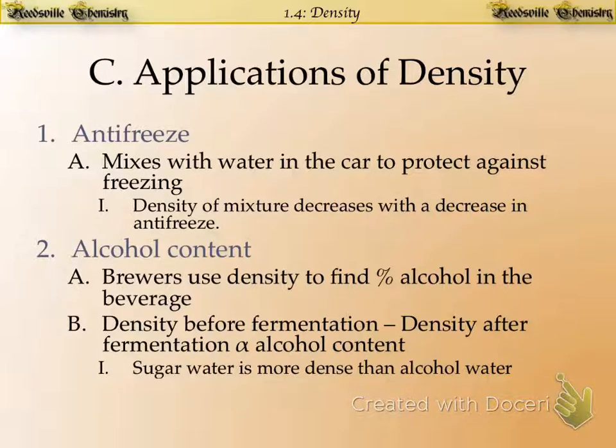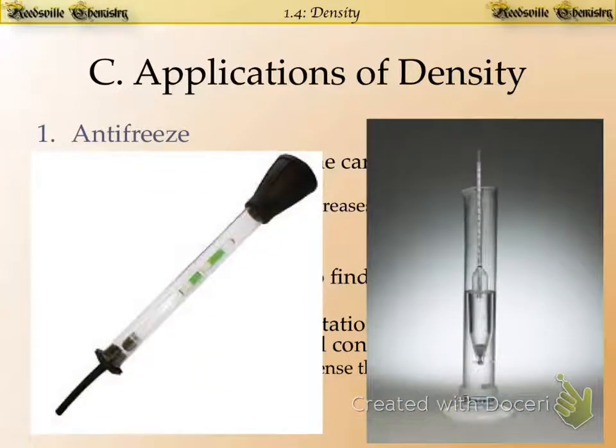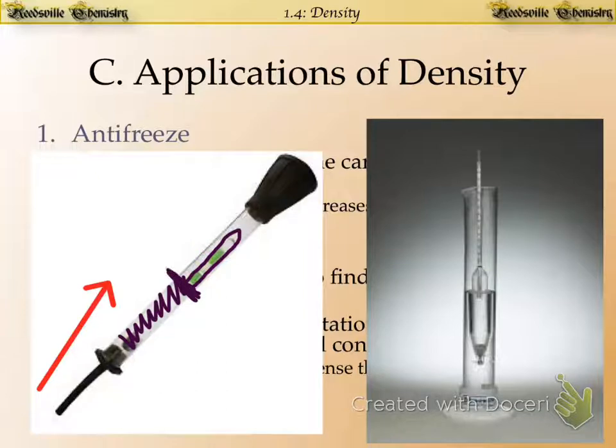The tools we use to find these two things are as follows. For antifreeze, we use this guy on the left. It's essentially what we call a hydrometer, and you're going to suck antifreeze up the hydrometer in this direction. The antifreeze is going to fill the tube, and there's a little bob in here, and that thing will bob up and down inside of the tube, and wherever the glass bob stops going up and down, we can read where the liquid level lines up with that bob, and that will tell us essentially the density of our mixture.